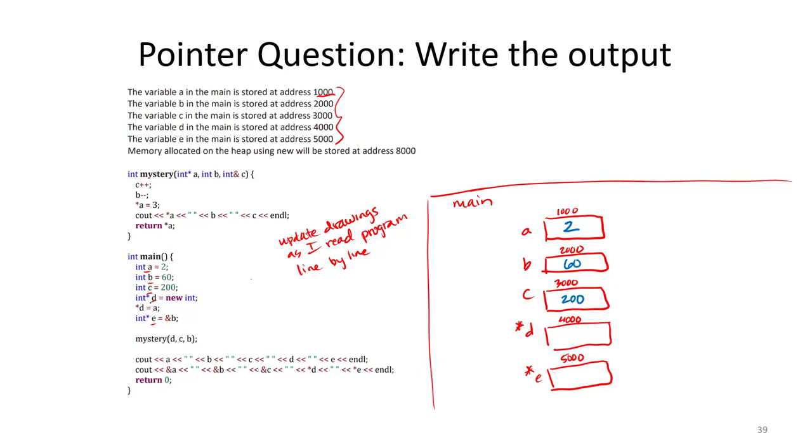Look what happens with d, though. D is a pointer. And I'm declaring my pointer D, but I'm making it point at a new int. I am told memory allocated on the heap using new will be stored at address 8000.